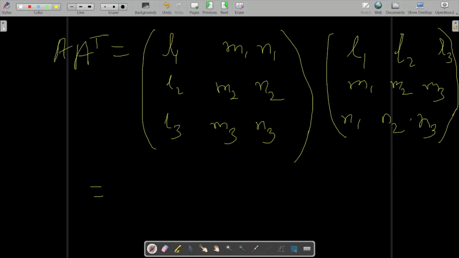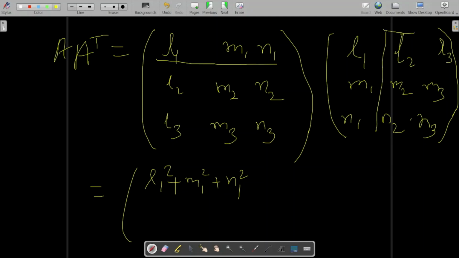So let's write over here. What do we get? L1 multiplied by L1 first of all, because this multiplied by this is going on now. So term by term, L1 square plus M1 square plus N1 square. Okay, this has come. Now the second term is this multiplied by this one. So let's multiply that also.